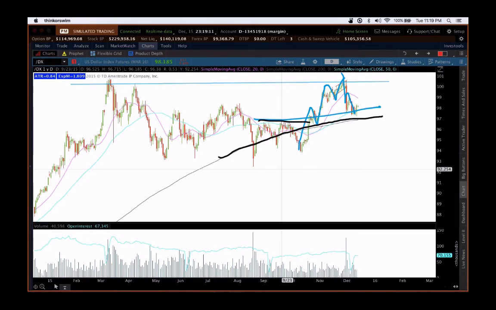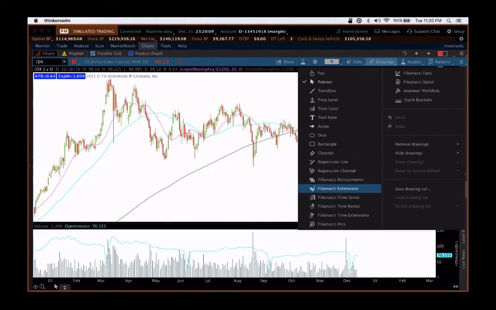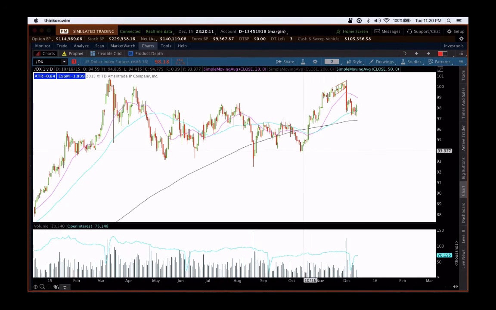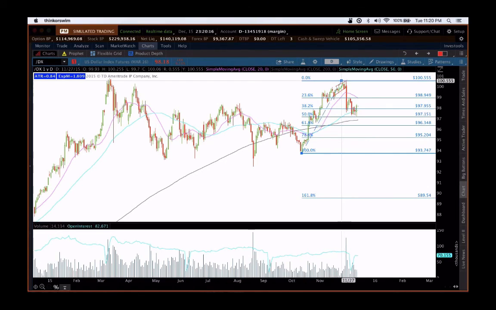You've got a significant support zone here, and if you measure out your Fibonaccis from here to here, that being the wave and into the retracement, you're looking at about a 50 to 61.8% retracement. I think that's about 61.8%. Let's see how good the eyeballs are. It might be 50%. Let me pop out of the drawing mode. 50%, there we go.